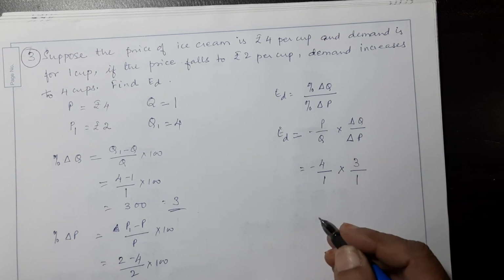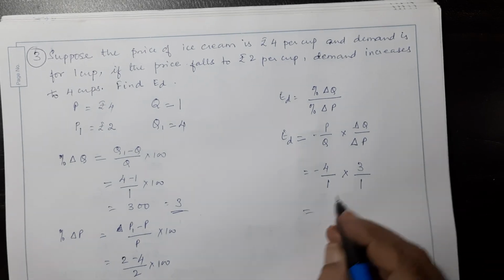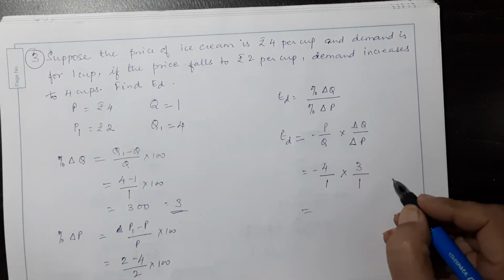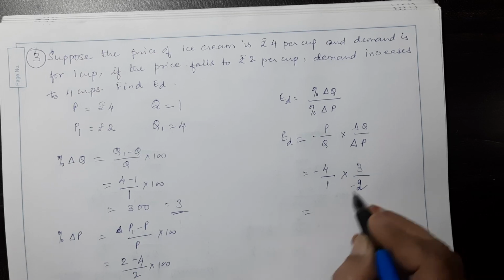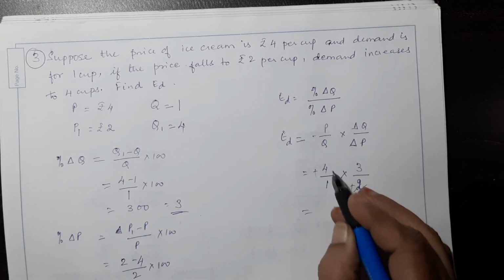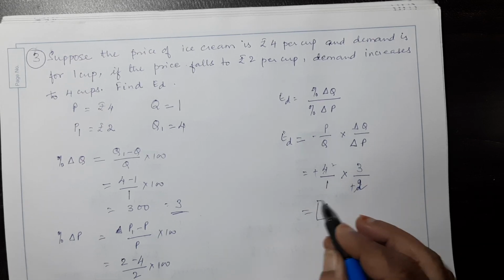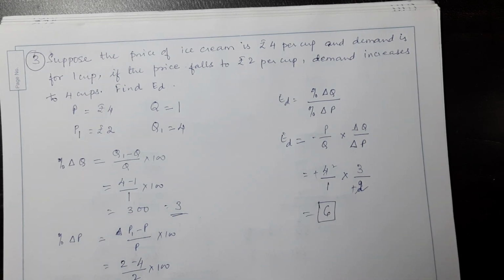Okay, so this will give us, delta P is here 4 minus 2, so this will be minus 2, so 2. Okay, so this minus minus goes and you will get 2 goes for 2 here, 2 into 3 is 6, so ED is 6. That's how you calculate price elasticity of demand.